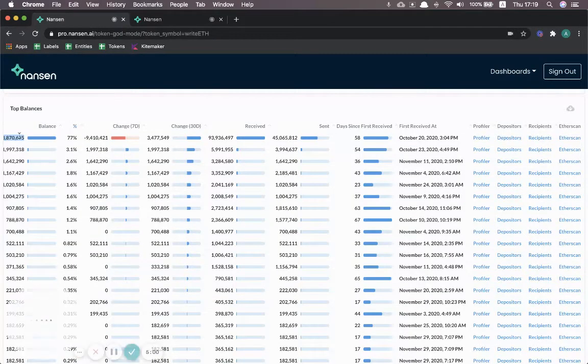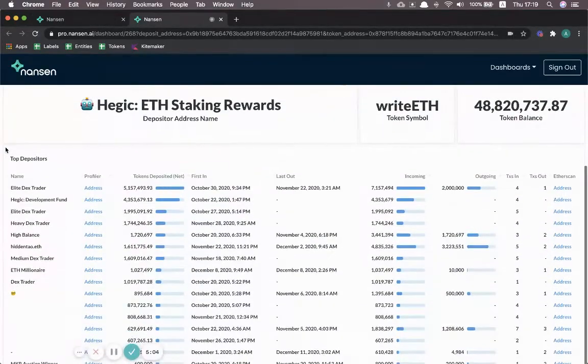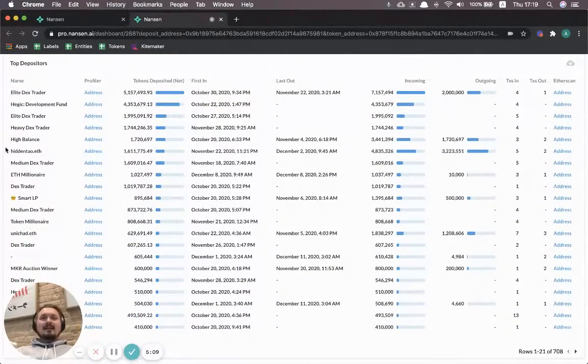So these numbers match what we saw in the table, and now it's spinning up the top depositors. So these are effectively active stakers. Or put another way, these are people who provide Ether as liquidity to Hegic, and then they take the rightETH tokens up in the staking rewards contract.